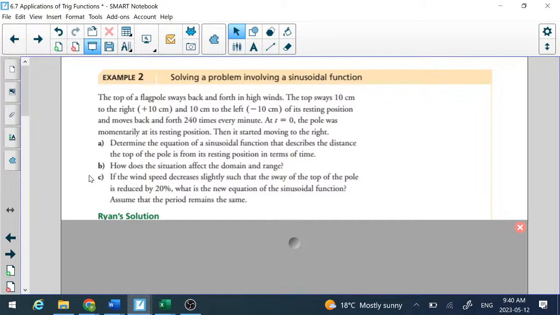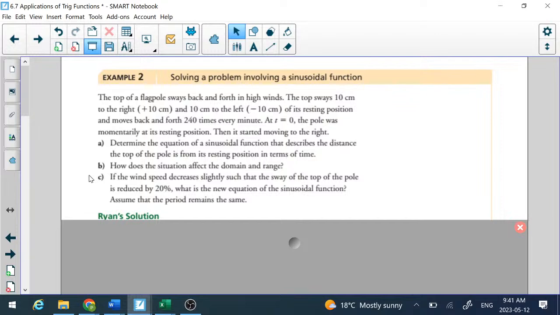All right, so what do we have for equations here? Boys and girls, drawing a quick diagram will help you visualize, right? So if we look at the question, what's the max going to be?